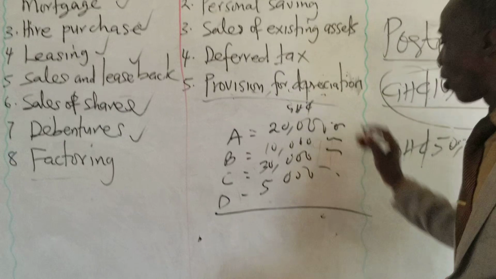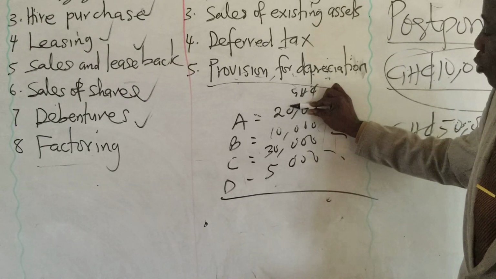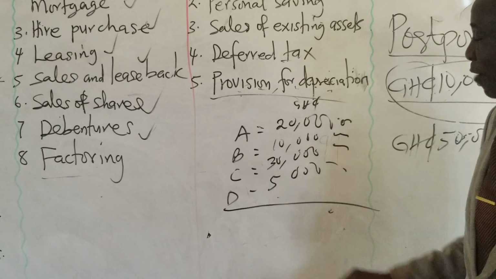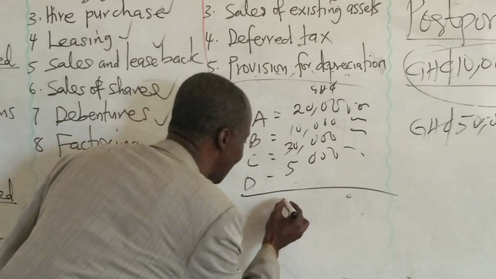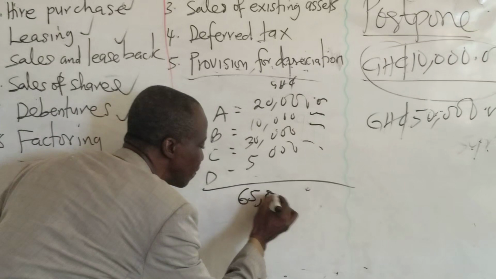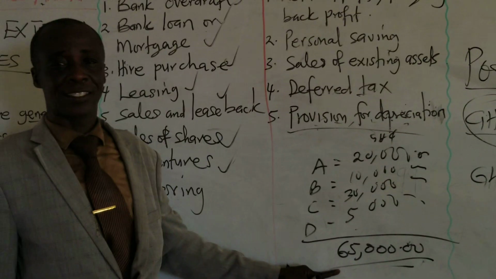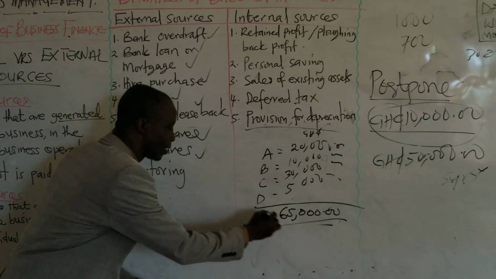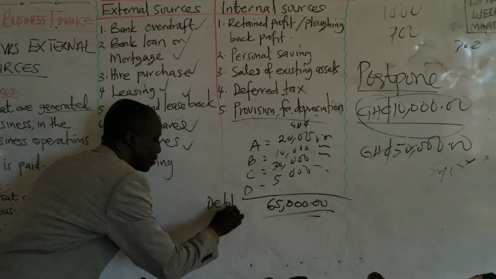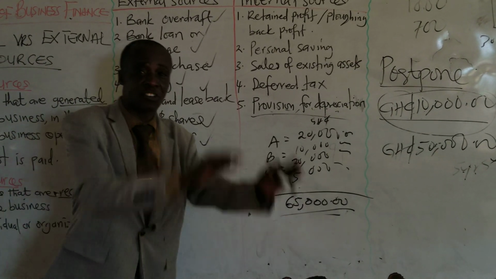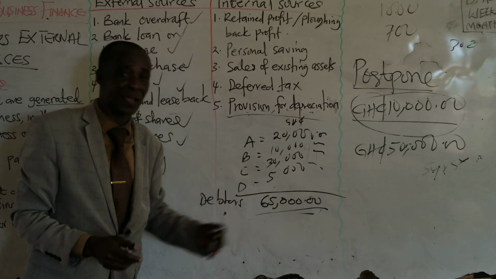Now, if you add all these things together, 20,000 plus 10,000 plus 30,000 will be 60,000, plus 5,000 will be 65,000 Ghana cedis. This 65,000 Ghana cedis, these are your debtors. So that is debtors. The total of the sundry debtors is 65,000.